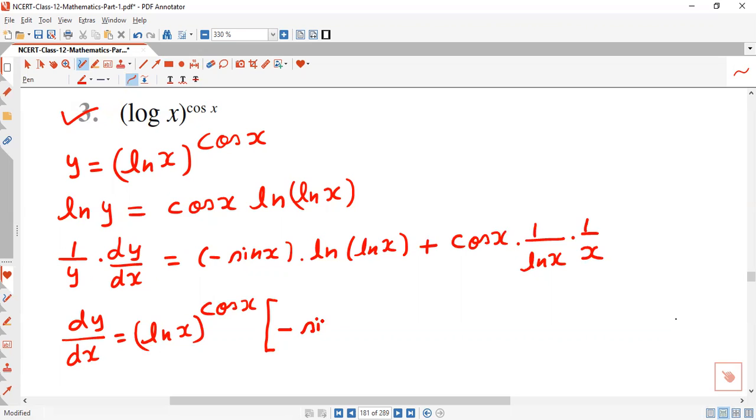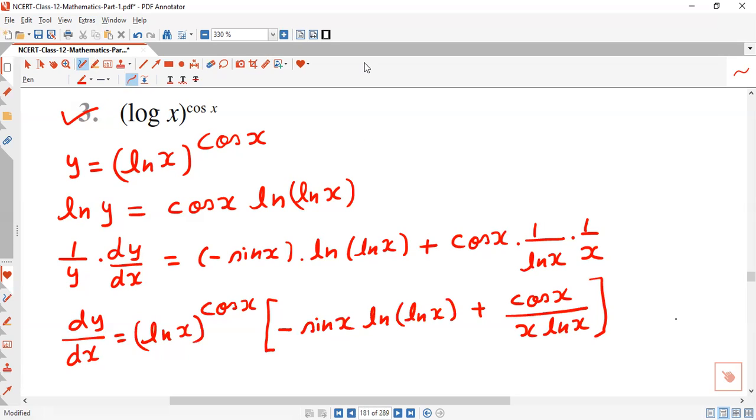Minus sin x log of log x plus cos x divided by x log x. This is the end. Only the rearrangement of the terms is there, and this will be the answer of this question.